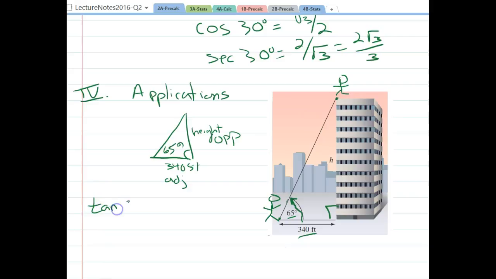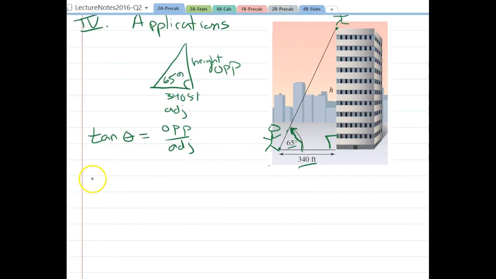So I'm going to write down the tangent formula. Tangent theta is the side opposite over the adjacent. I'm going to plug in what I know about this problem. I know the angle is 65 degrees. I know the opposite side from 65 is the unknown height, and the adjacent side is 340 feet.